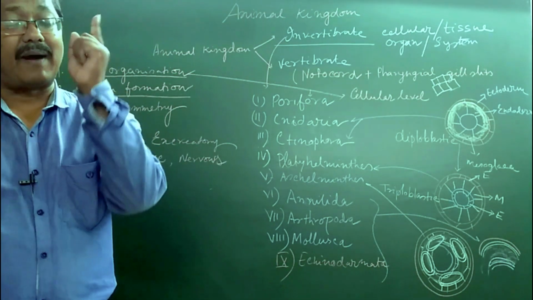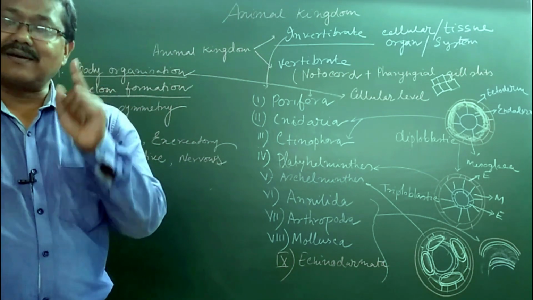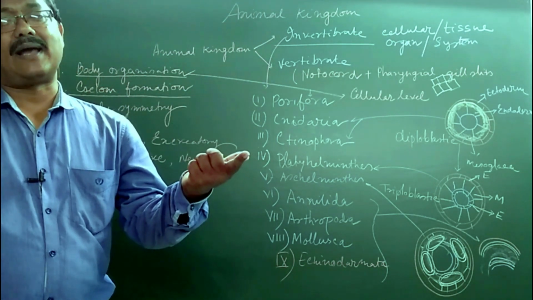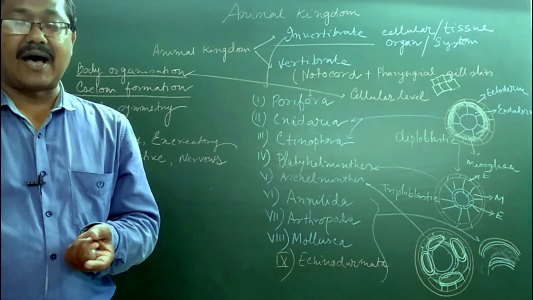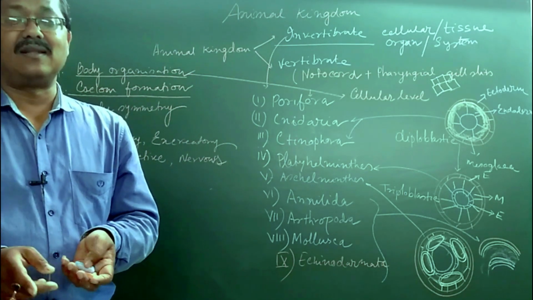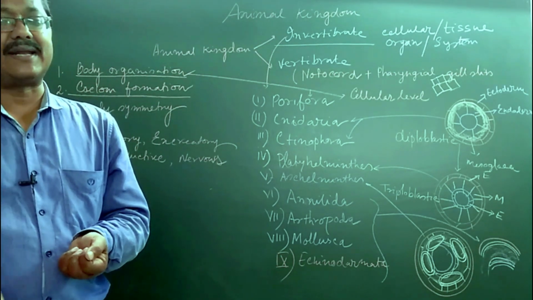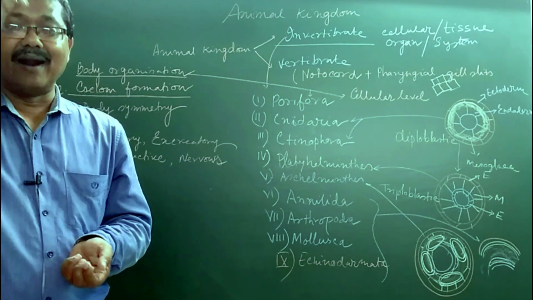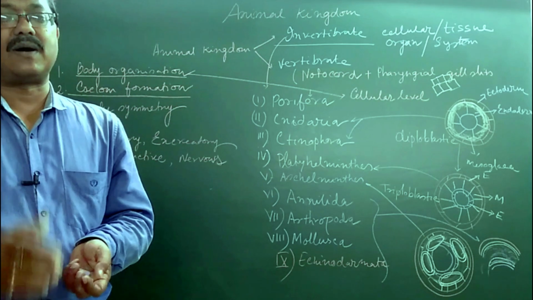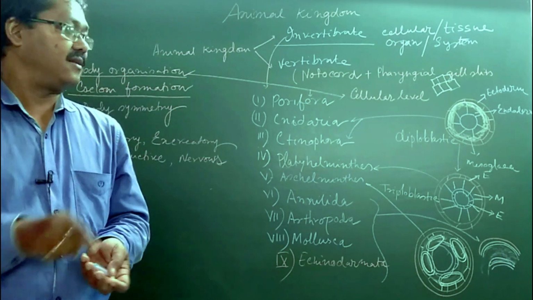When a single vertical section creates two identical body structures, this is called bilateral symmetry. The most primitive is the asymmetrical nature, then the radial, then the most advanced is bilateral.